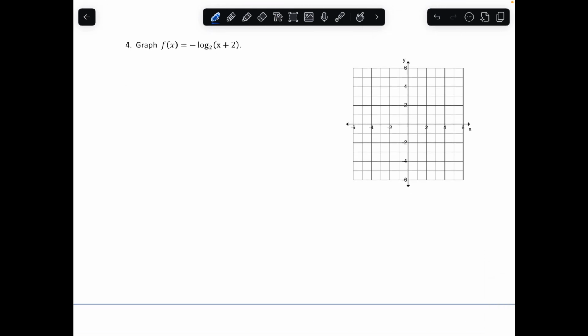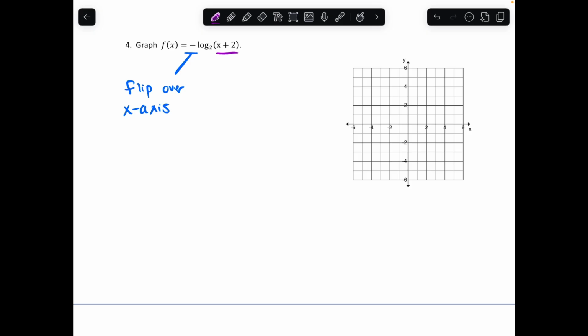Now, for number 4, we're still dealing with a logarithm of base 2, and it's being shifted and reflected. So, first off, we can see that there's this minus sign out in front. This corresponds to a flip over the x-axis. Then we can see there's an x plus 2.